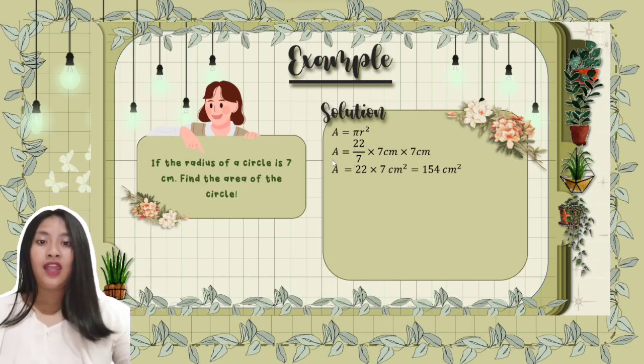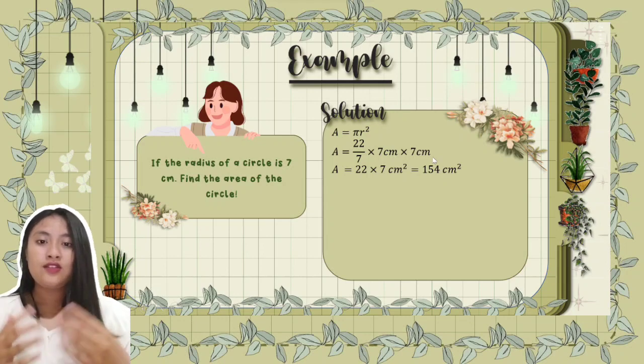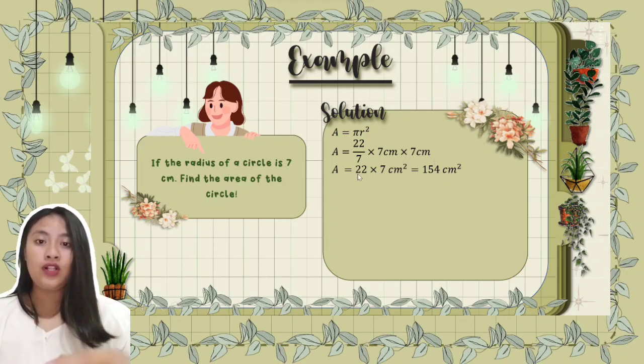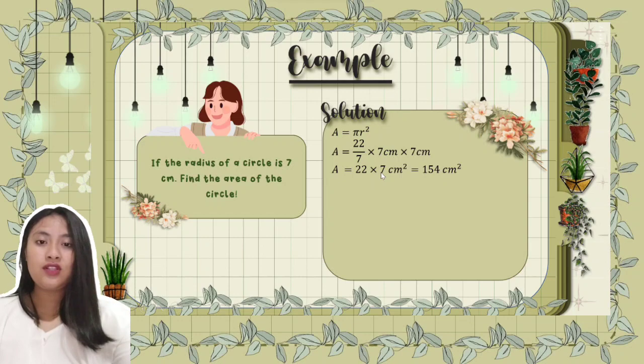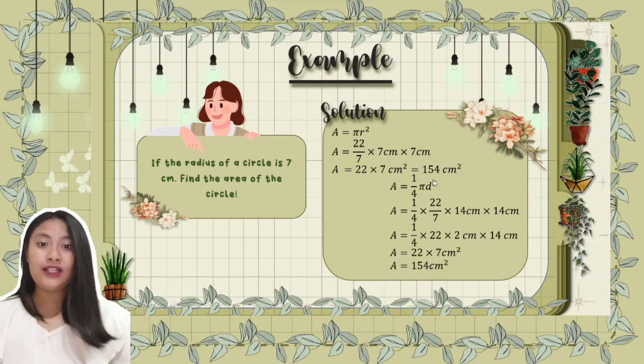So area equals 22/7 times 7 cm times 7 cm. So area equals 22 times 7 cm squared. So the area of the circle is 154 cm squared. We can try the other formula and we get the same result.